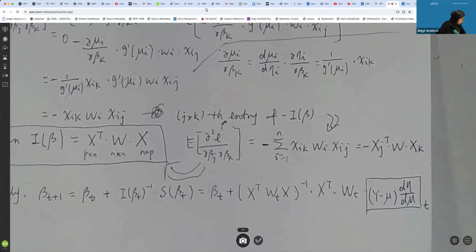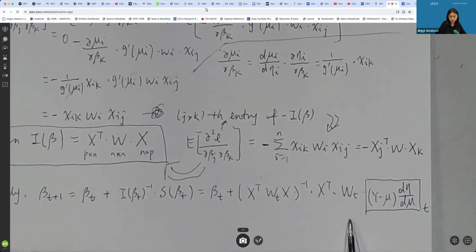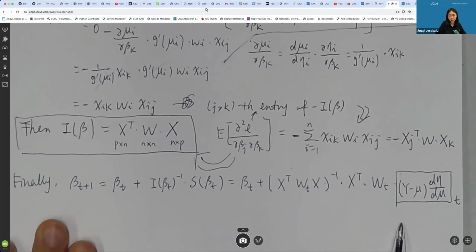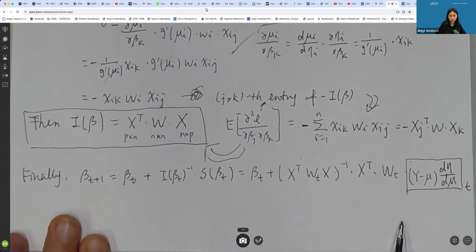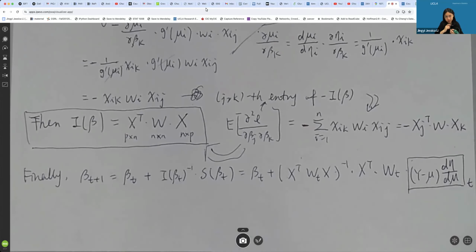But before we move on, I just want to summarize that everything we said so far is based on derivation. What we aim to do is to maximize the log likelihood. We want to use the Newton-Raphson algorithm, but Fisher simplified it to the Fisher scoring algorithm.